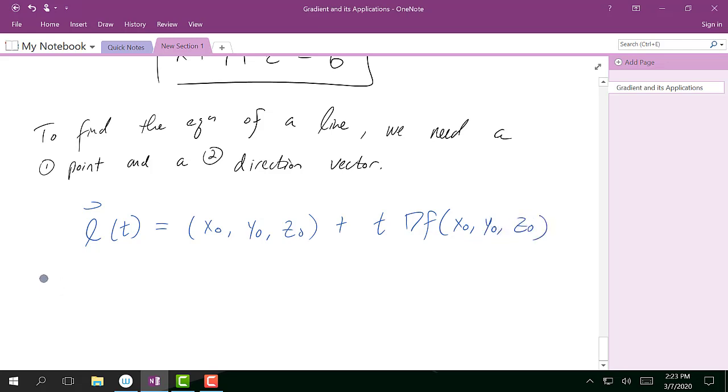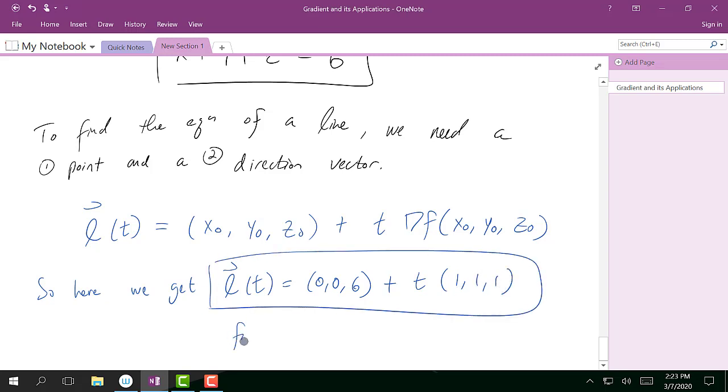So in our case, our normal line will be given by the point (0, 0, 6) that we've determined, plus t times the vector (1, 1, 1), where t is any real number. So for every real number t.